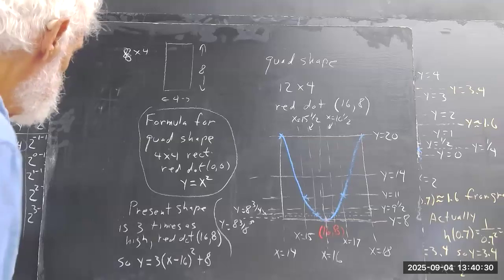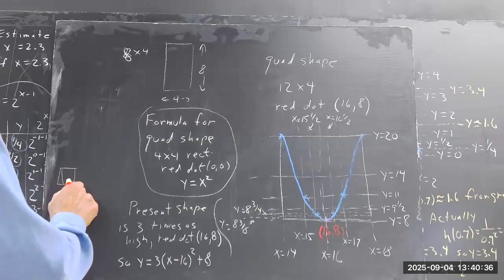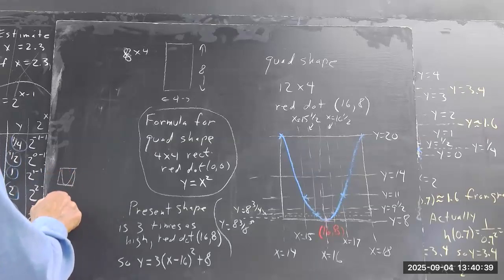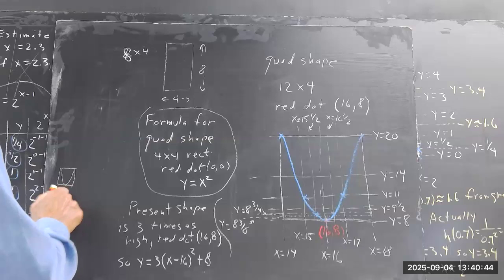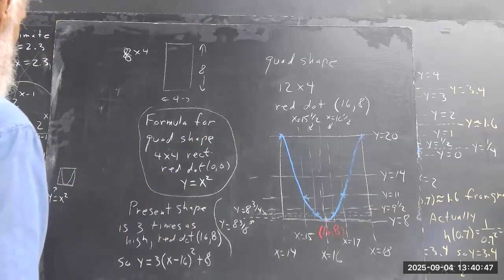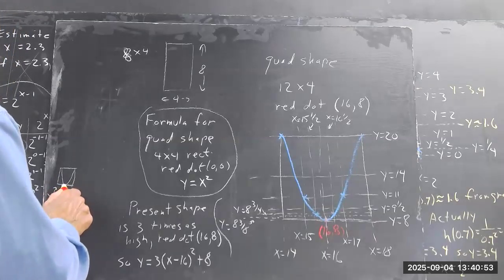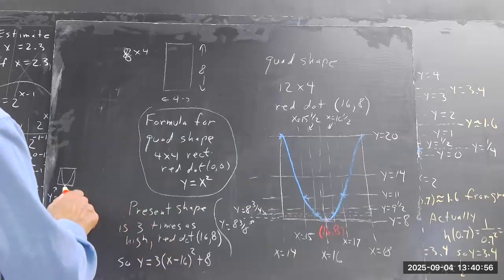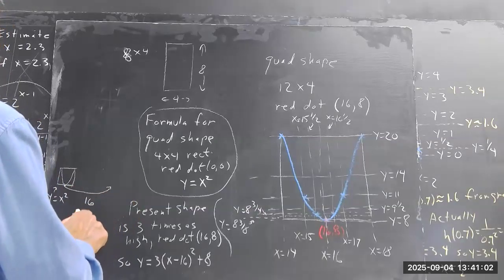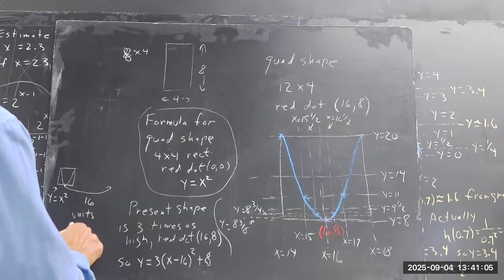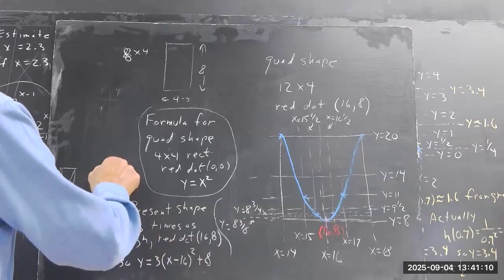So what you think of is taking y equals x squared, which is your toolkit function, and you move the red dot over 16 units. And then you're going to move it up 8 units.